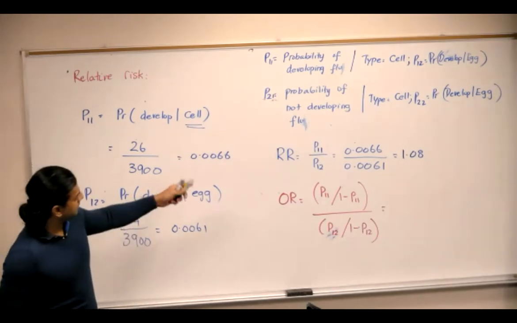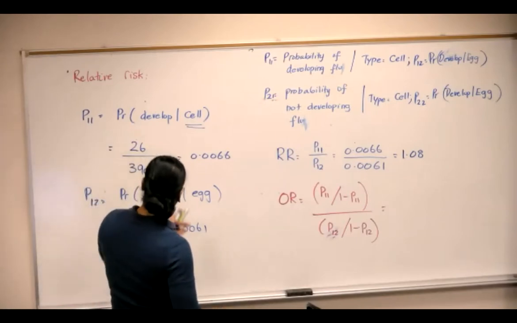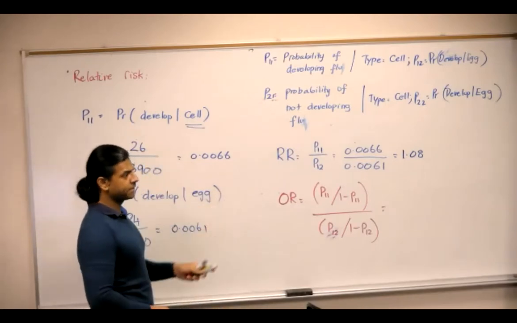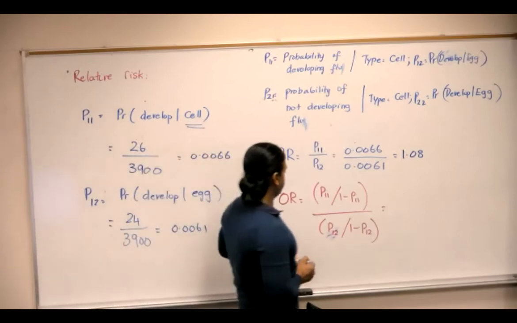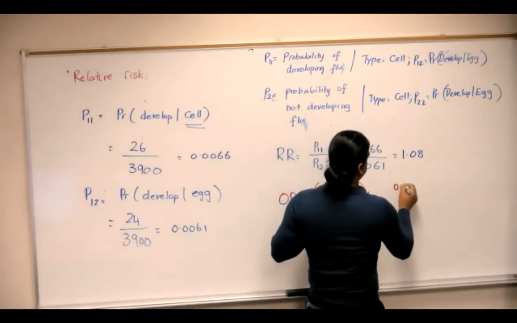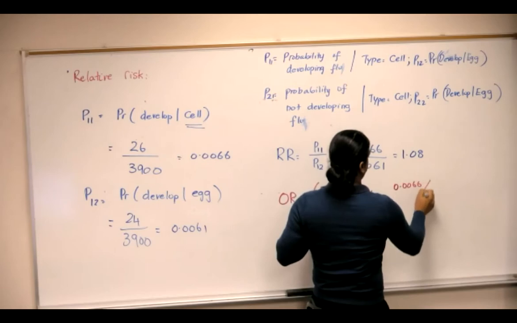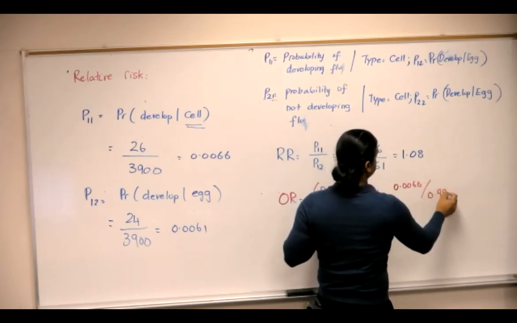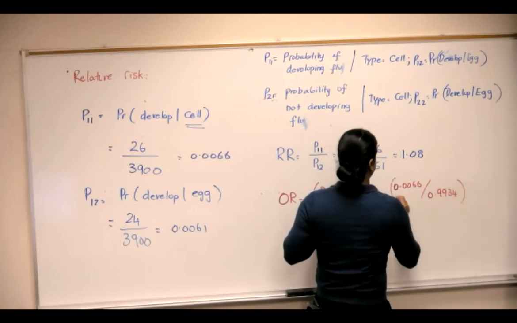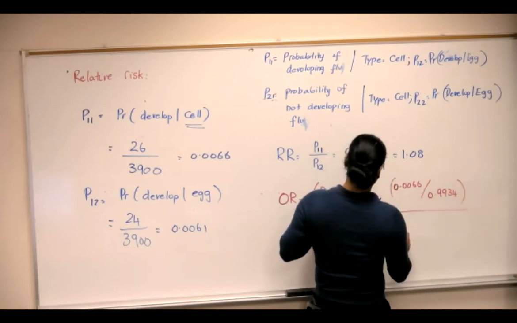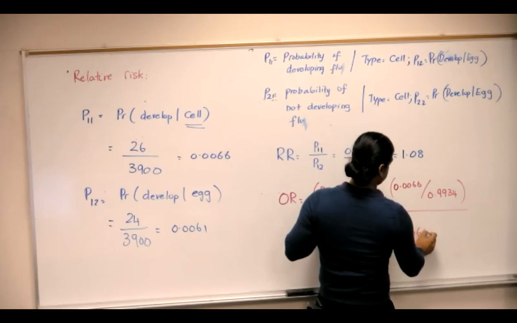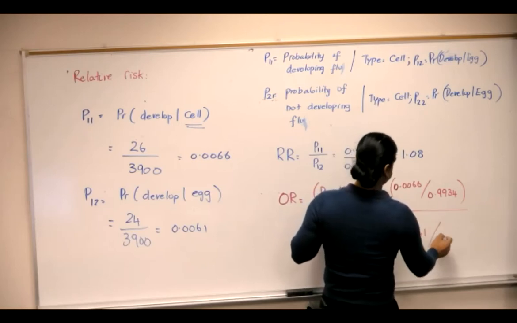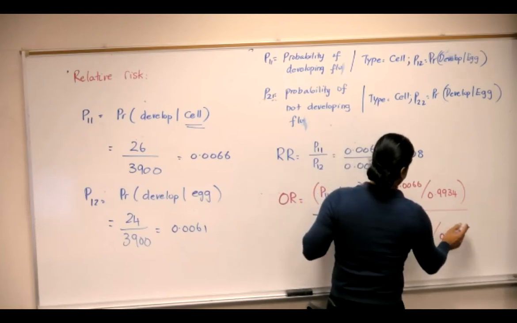So when you plug in the values, all we have to do is take these probabilities, plug it in there. Numerator would be 0.0066. 1 minus that value would be 0.9934 divided by 0.0061 divided by 1 minus that, 0.9939.